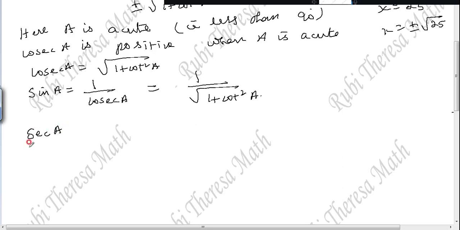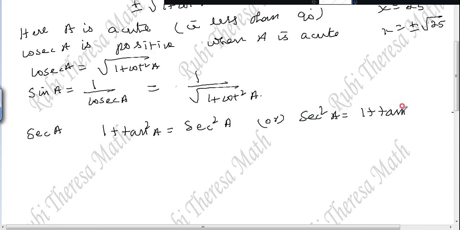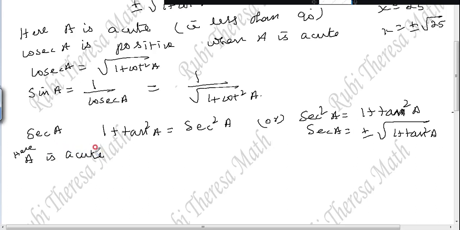Secant A. We know the identity, isn't it? That is 1 plus tan squared A equal to secant squared A. Otherwise, you can write secant squared A equal to 1 plus tan squared A. So secant A equal to plus or minus root of 1 plus tan squared A. As usual, here A is acute, that is less than 90 degree.